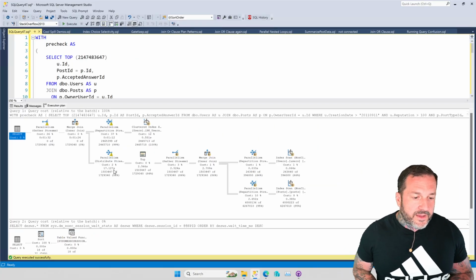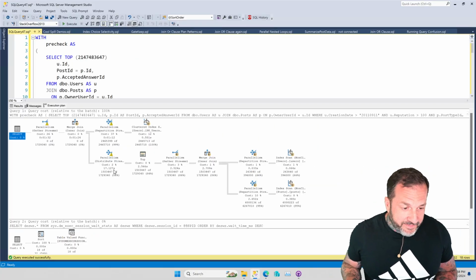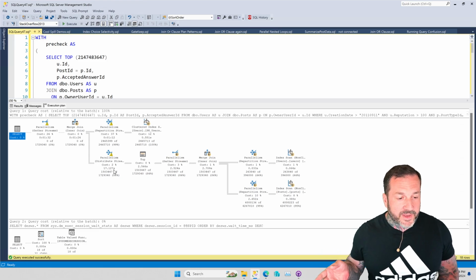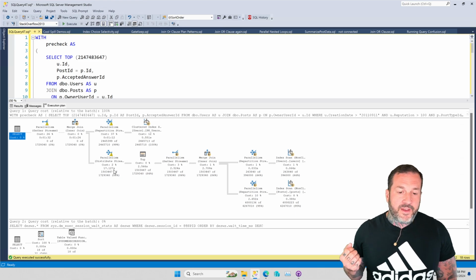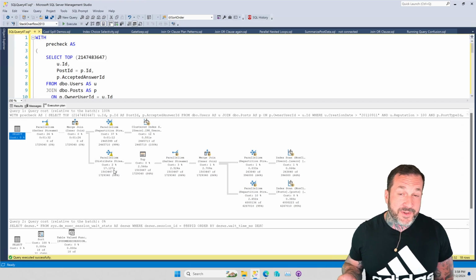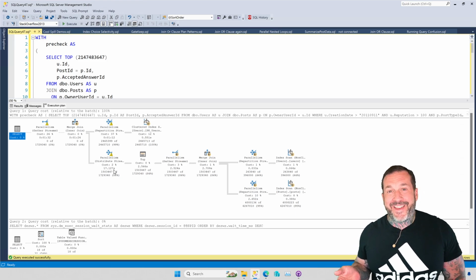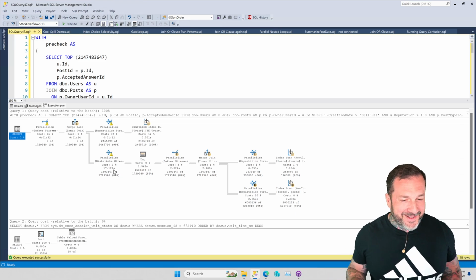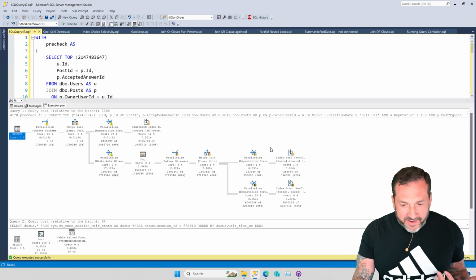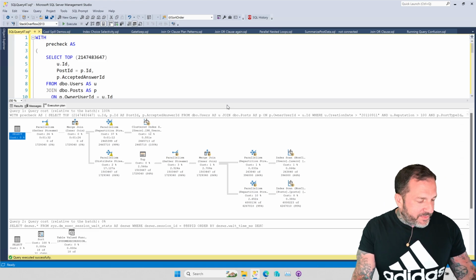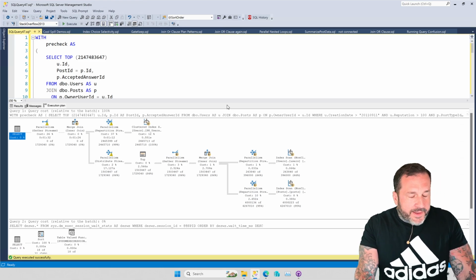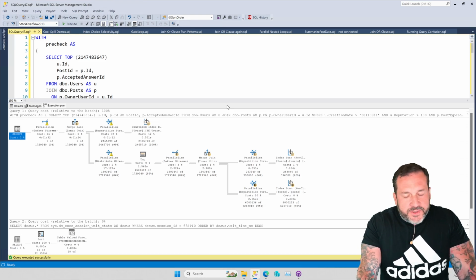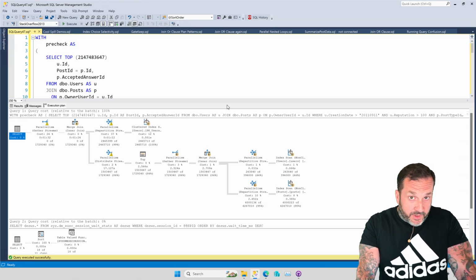Now, if you have been watching my videos for any length of time, you will have heard me say how much I hate parallel merge joins, and this is why I hate parallel merge joins. They are awful when it comes to this stuff, and the reason why is because merge joins in general, much like stream aggregates, expect ordered input.